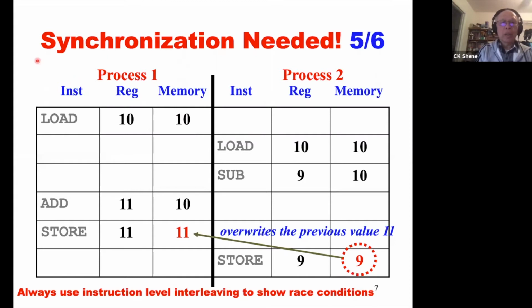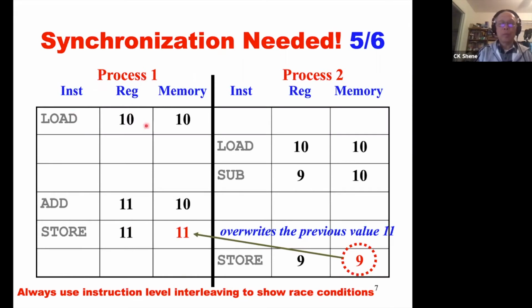Here, the left half is the execution of process 1. The right half is the execution of process 2. For each process, I list the instruction in one column, the register value in the second column, and the memory contents in the third column. Remember, the memory is the variable count. It's shared by process 1 and process 2.